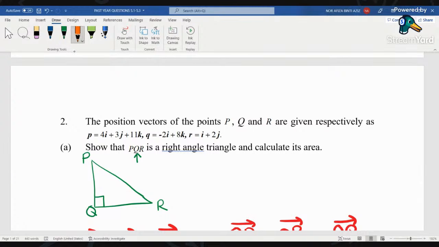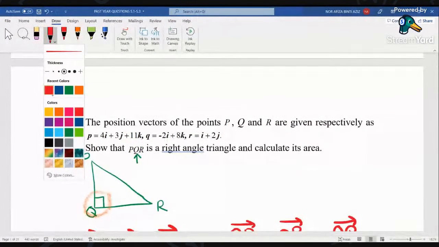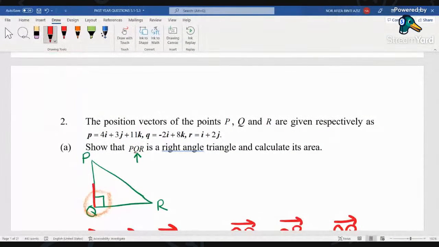If we want to show that this is a right angle triangle, we must show that the two vectors are perpendicular to each other. The first one is from Q, coming out from Q, so I have QP.